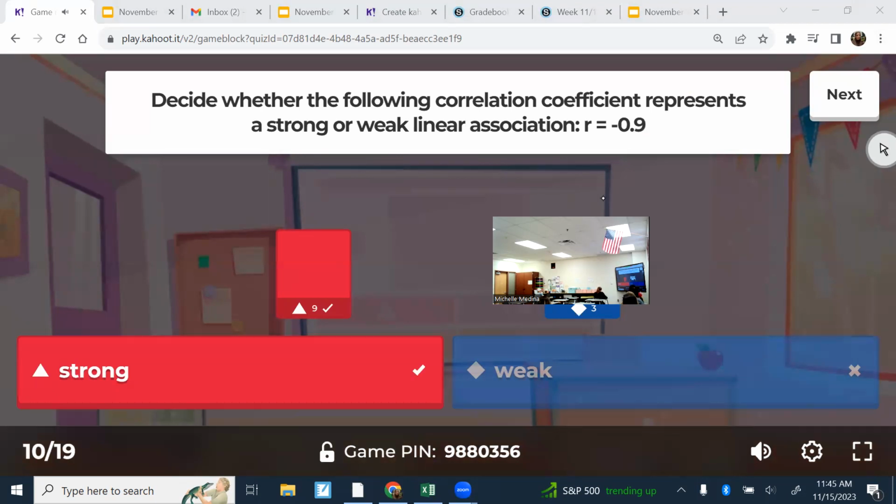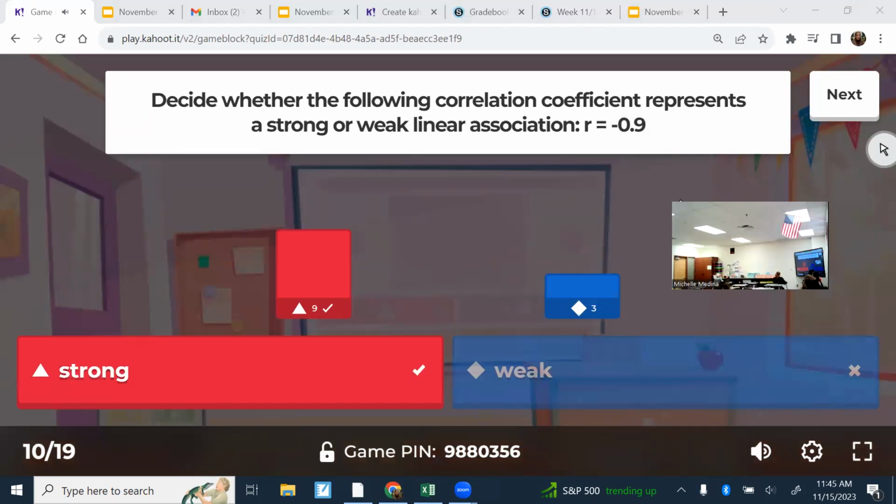Yeah, I don't know. At this point, I feel like people are just not caring. We just talked about it all day. Why is that strong? Harley? It's further from 0, and you're limited to everything between -1 and +1. So the farther from 0, the stronger it is. Next one.